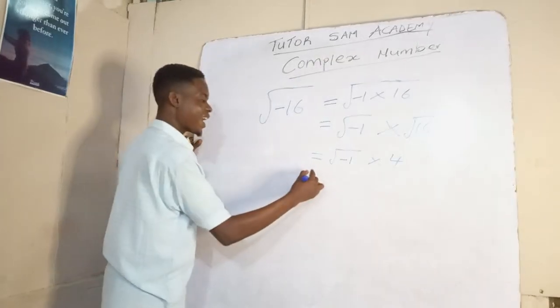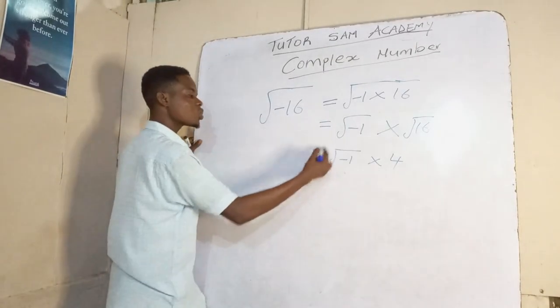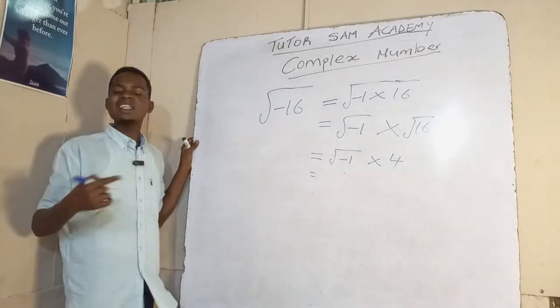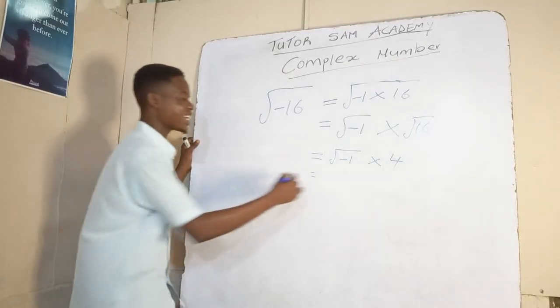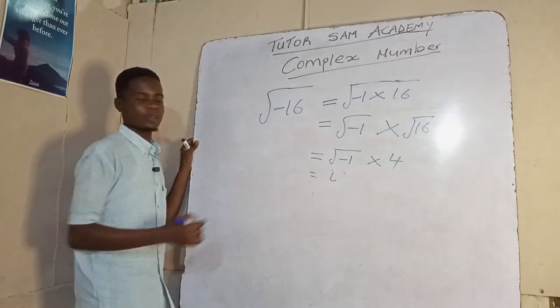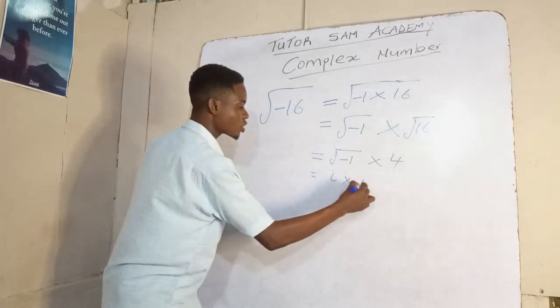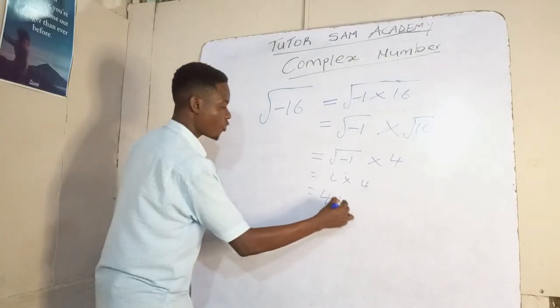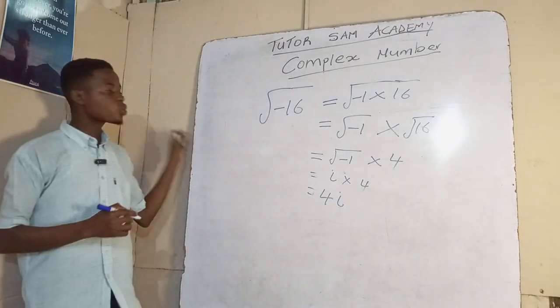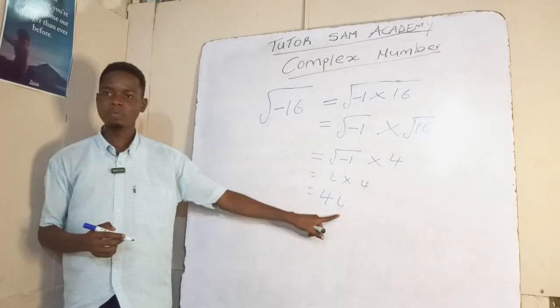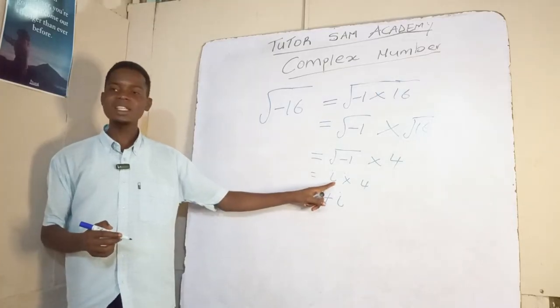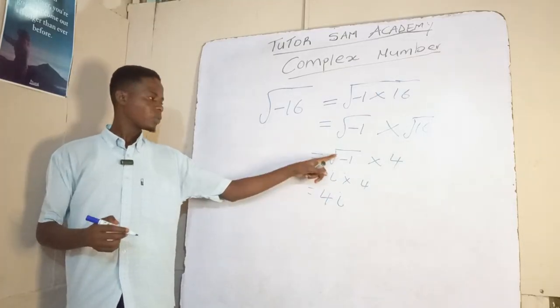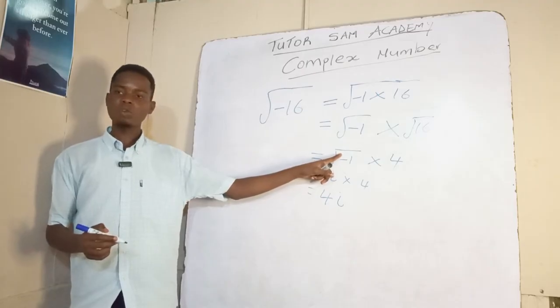So, from here, I can represent the square root of minus 1, because it is not easy to get, as an imaginary i. Then, this is what? 4. So, square root of minus 16 is the same thing as what? 4i. So, this is where i is coming from. i is an imaginary number, which is the same thing as square root of what?